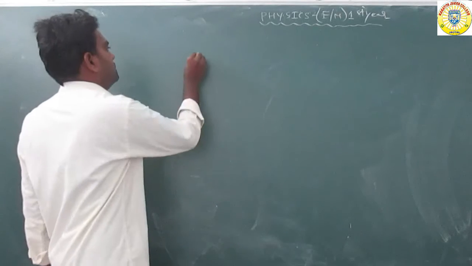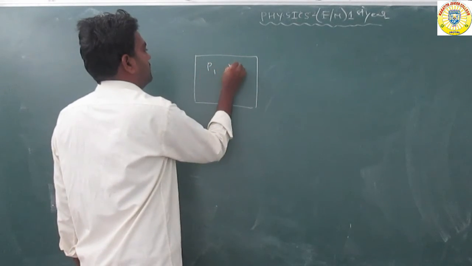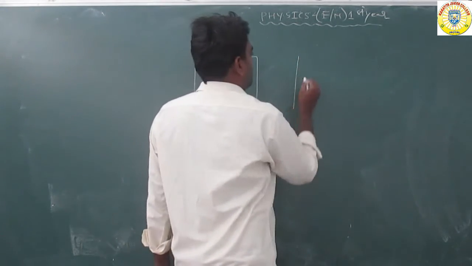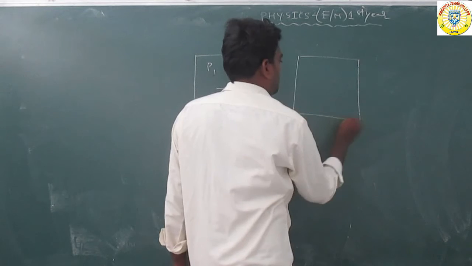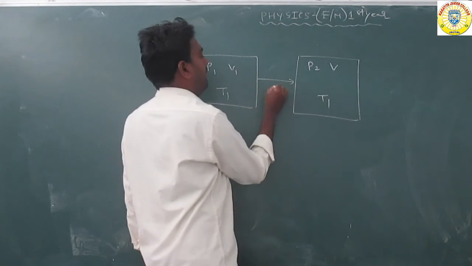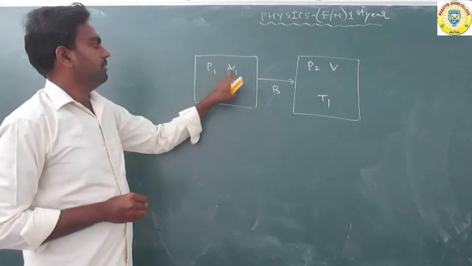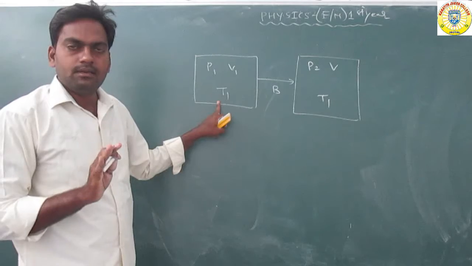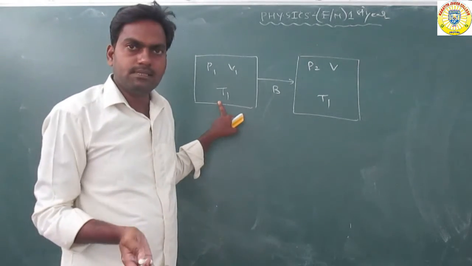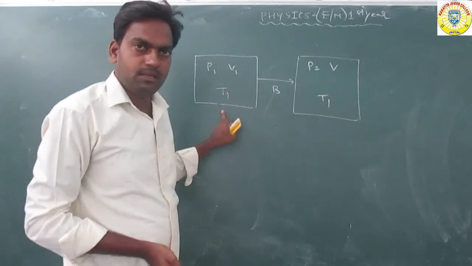Consider 1 mole of the gas. Initially the pressure is P1, volume V1 and temperature T1.